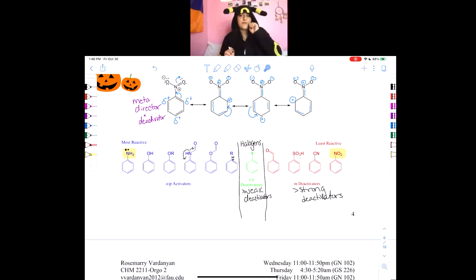So the reason it won't react with NH2 is because instead of having an electrophilic aromatic substitution, you're going to just get a regular old acid-base reaction. So we call it no reaction. So I will make a little note here, though. Friedel-Crafts can happen with all of these.